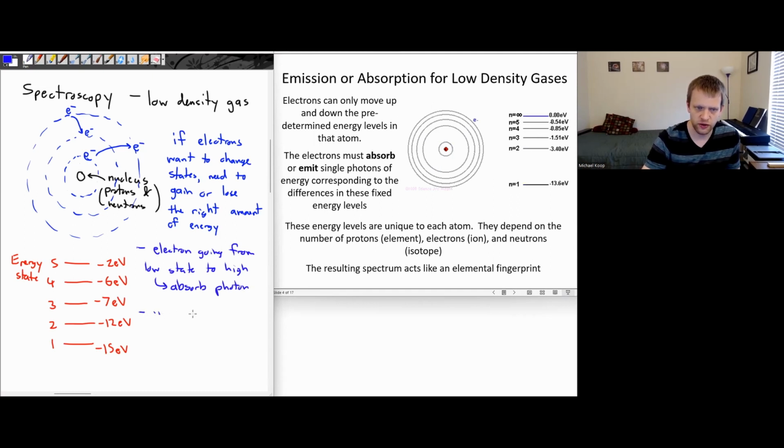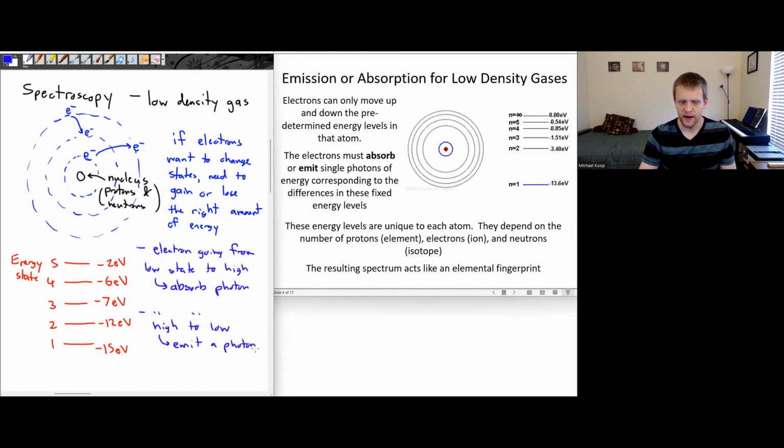For the electron going from high to low, that's going to have to emit a photon. And again, depending on what atom we have, and depending on the spacings of these electron energy states, these atoms are only going to like to absorb and emit photons with very, very specific kinds of energies.